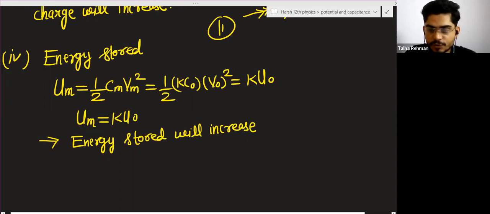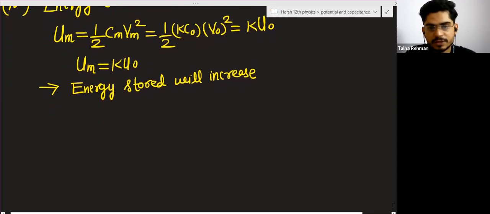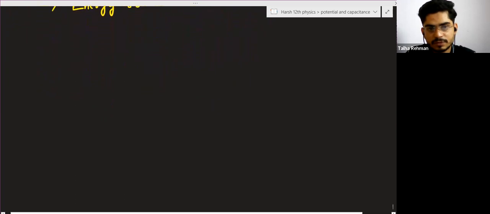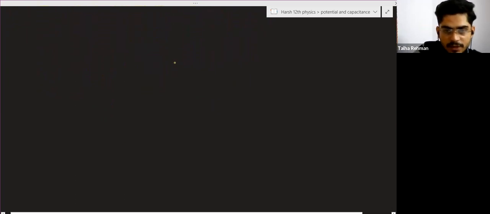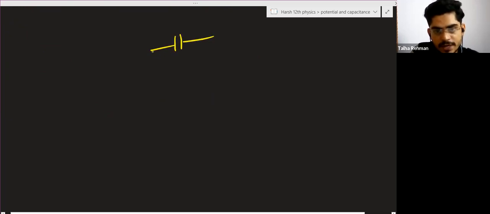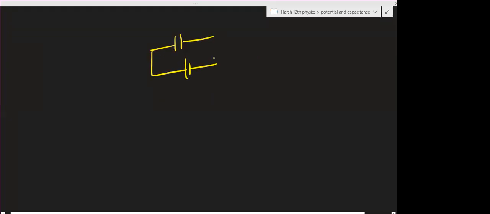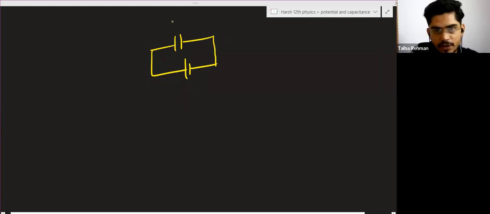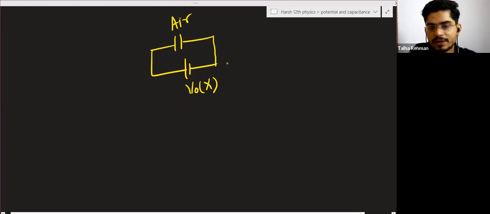Now what I am doing, I am just removing this battery. Harsh, let me explain. If this is the capacitor, here I have a battery, and air is in here. So here this battery is V0. Now I have removed this battery.